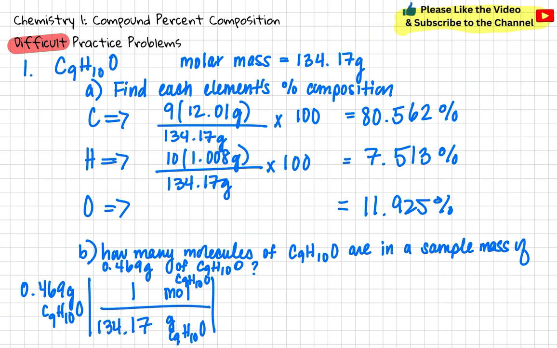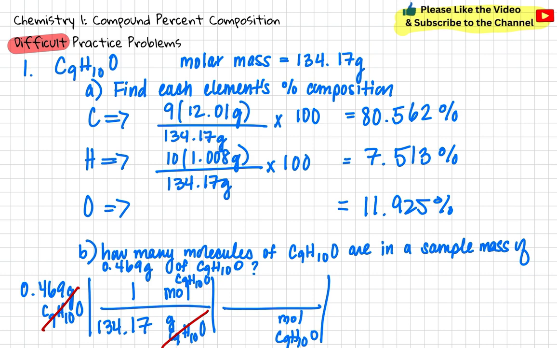Now I can cross out grams and know that I'm going to end up with mole of C9H10O at the bottom. Now, do I have a direct conversion factor that will give me mole to molecules?